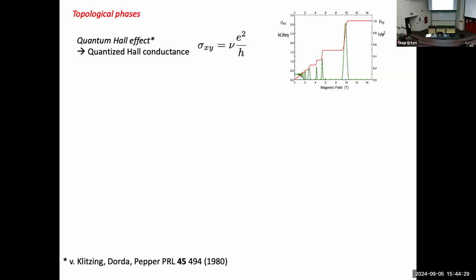It's quite remarkable because it doesn't really matter how many times you repeat this experiment. If you have different samples, different shapes, different amounts of disorder, this quantization is so exact that you always get the same answer.